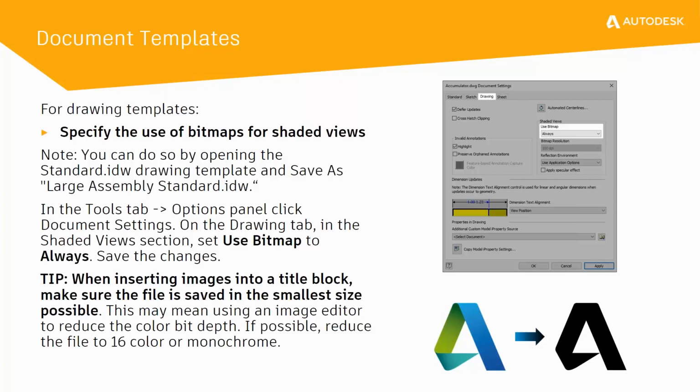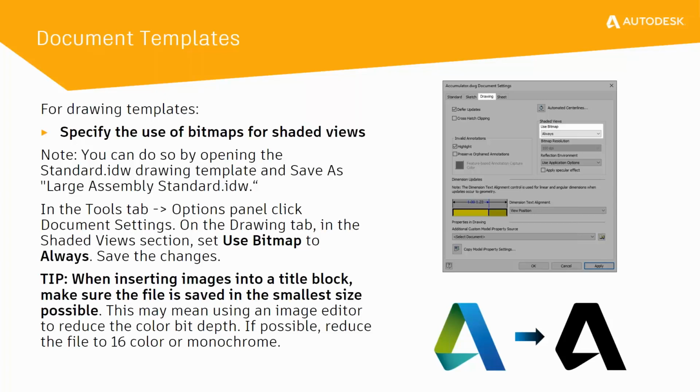Another tip here is, if you've got a template that's using images placed inside of that template, to cut down on the file size that may be used. It's all too common to grab a really high definition image or logo, put that into your template, scale it down, and use that on every drawing that you create. The reality is that generating that image in the background often requires additional resources.